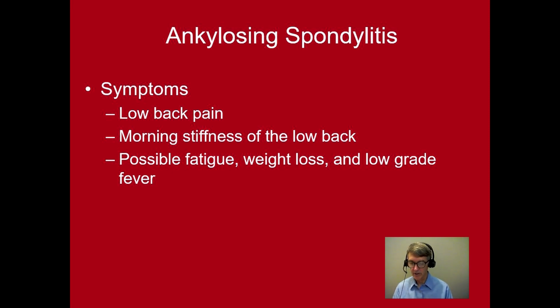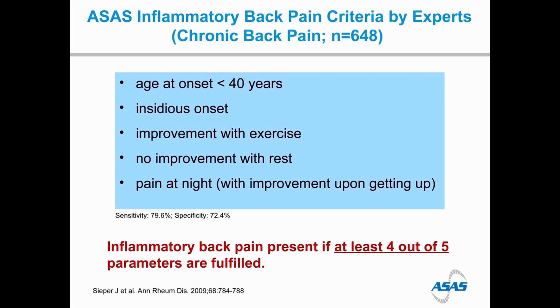low-grade fever, etc. Now, this is from the ASAS, which is the Assessment of Spondyloarthritis International Society, and they have a nice set of slides on the internet of these things. This talks about inflammatory back pain and the things that we look for in order to classify that. Number one, it's generally young, less than 40.